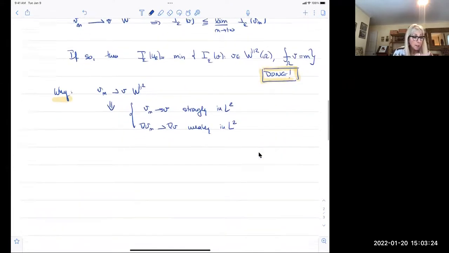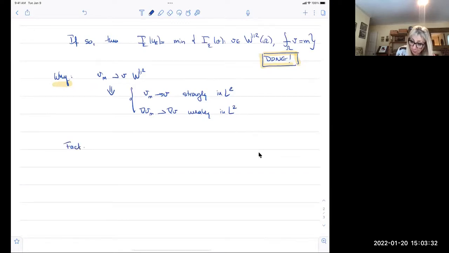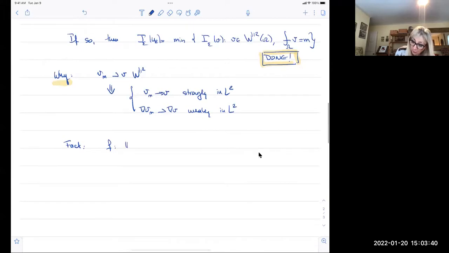Now, every time that you have a function f that goes, in this case everything is scalar valued, from R into, say, non-negative, this can be much more general than that.